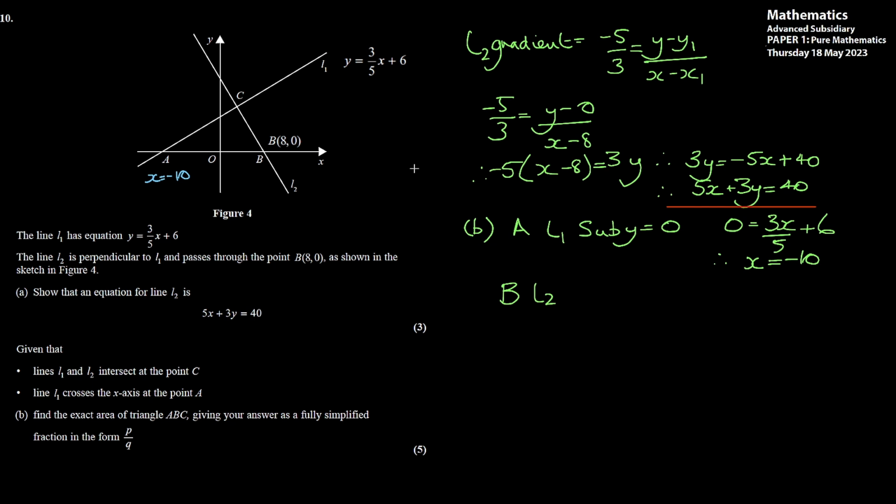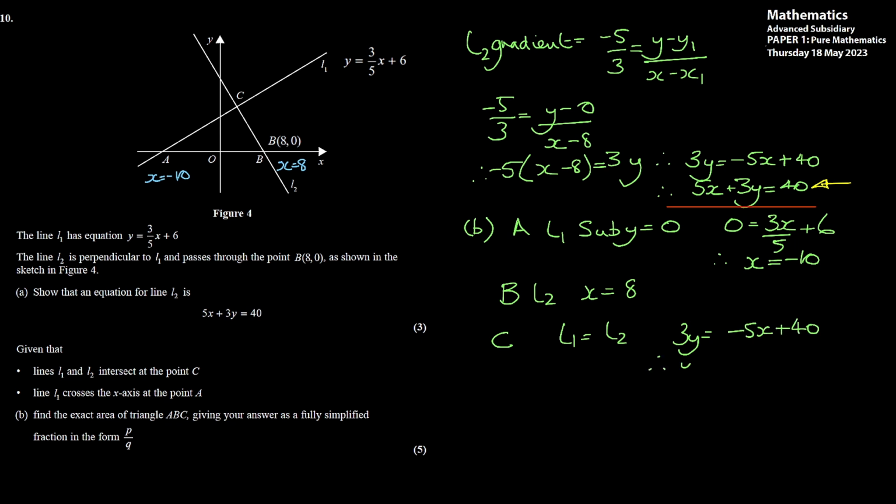Now the point B. Well, point B on line 2, we already know that x is equal to 8. Now point C. Well, point C's coordinates will be the solution of the two lines meeting. But to do that, we've got to make y the subject of our equation here. And I get that 3y is equal to negative 5x plus 40.